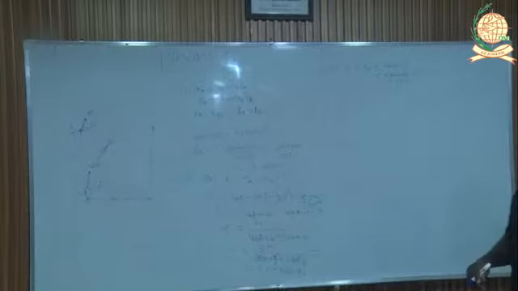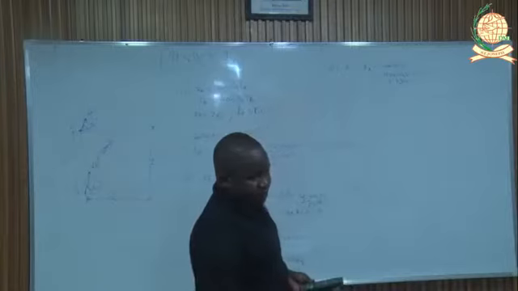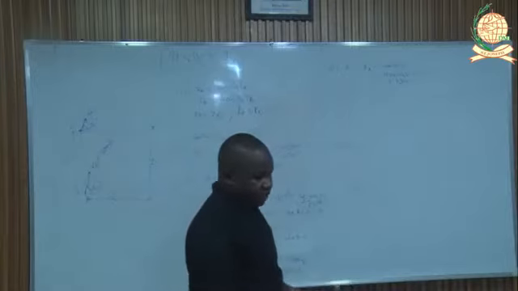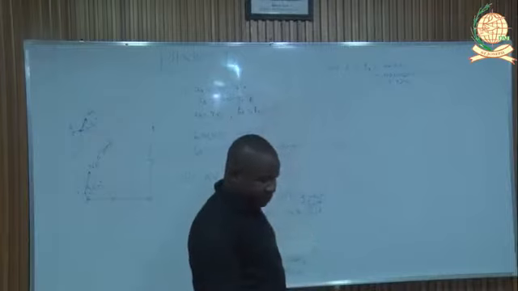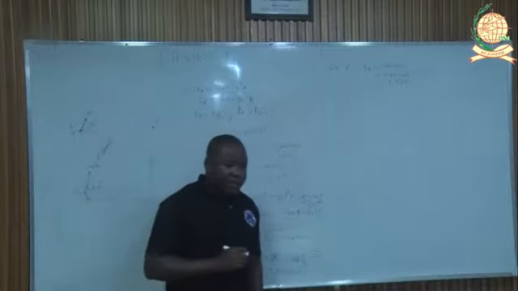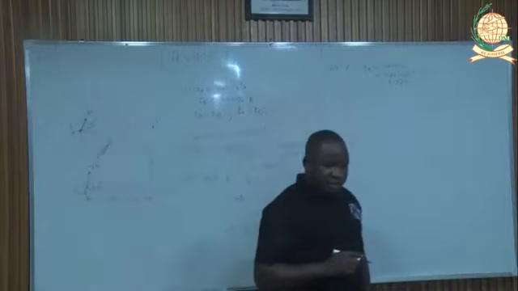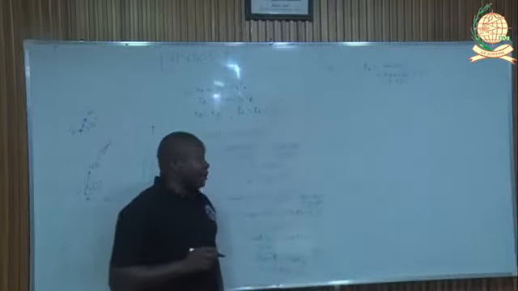The next question, question number 3. Explain why acceleration is not 0 in uniform circular motion, but it is 0 in linear motion.